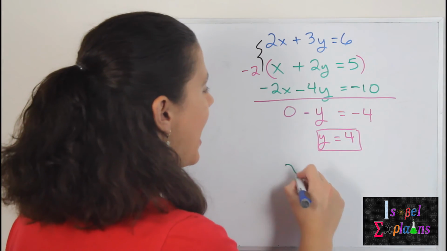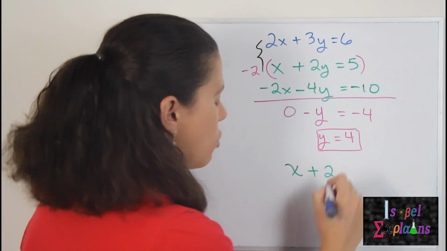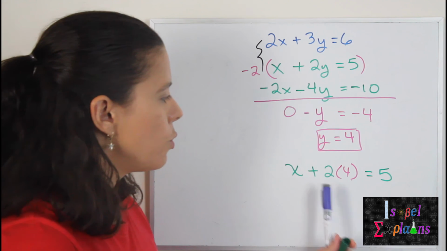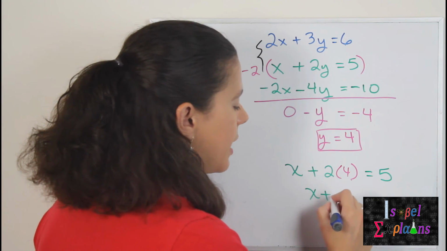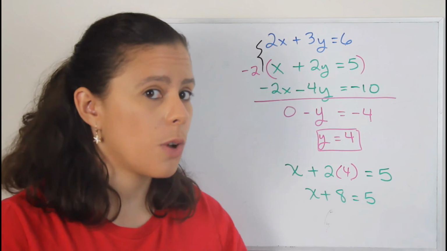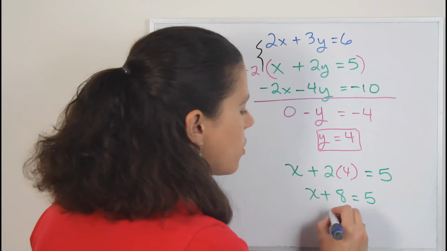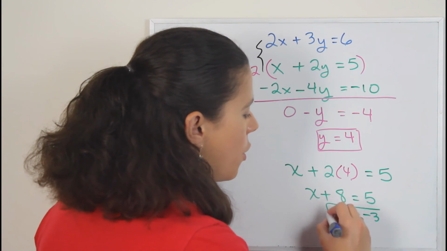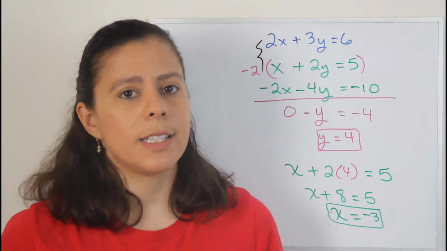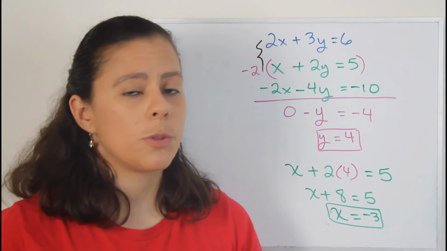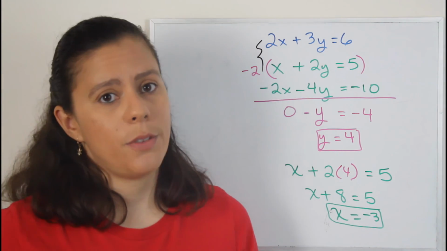So x plus 2 times 4 equals 5. 2 times 4 is 8, so we have x plus 8 is equal to 5. Now I subtract 8 on both sides, so I have x is equal to -3. So the answer to the system of equations is x equals -3 and y equals 4, which means that they meet at the point -3, 4.